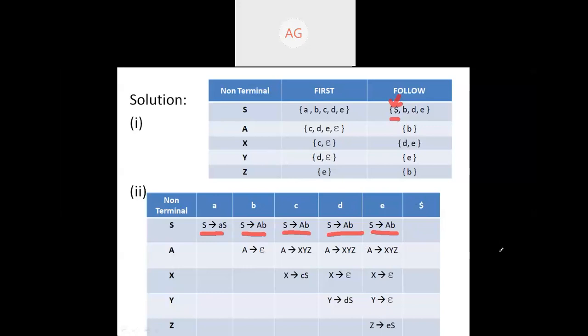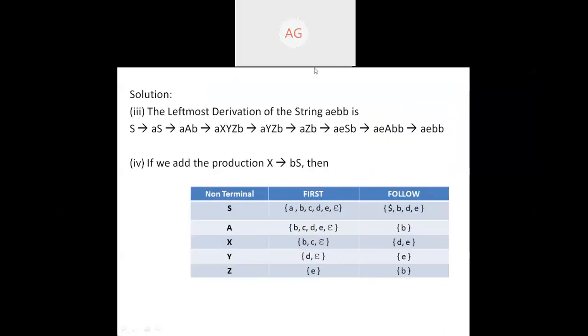Moving to the next slide. Most of you have given a wrong answer for the third part of the question. So for the leftmost derivation of the string, we are going to produce the leftmost derivation which we already studied in the theory of computation subject. By using this method, the first symbol is S, then we need A at the first place.